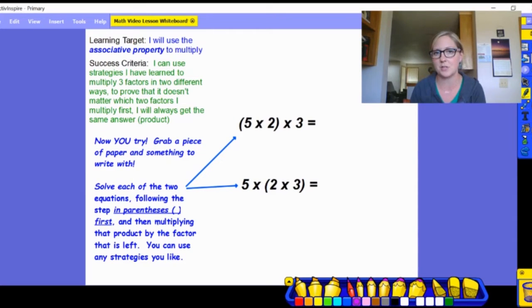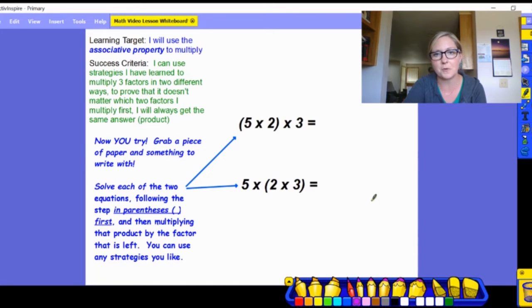And here on the screen, I've shown 2 different ways you can solve this equation by grouping your factors differently. So please solve it both ways. First, grouping 5 and 2 together and solving 5 times 2. Whatever product you get for that, multiply that by 3. And then down below, solve by first multiplying 2 times 3 and grouping those factors, and then multiplying that product by 5 as your last step.